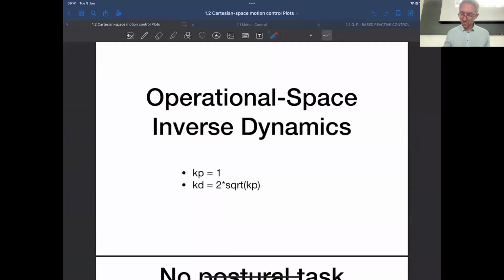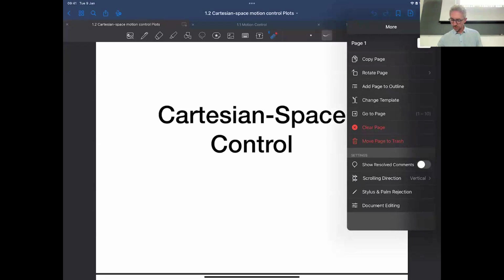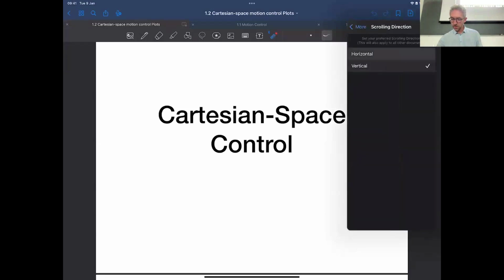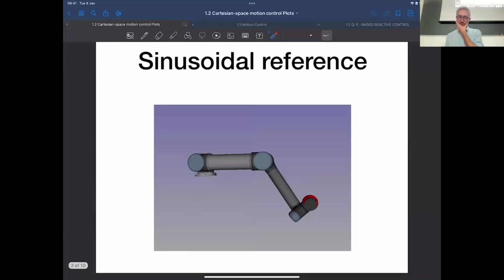Okay, before we move on to the new subjects, I'm going to show you some plots regarding this Cartesian space controller. I obtained these plots in simulation using the model of this robot, which is called UR5.